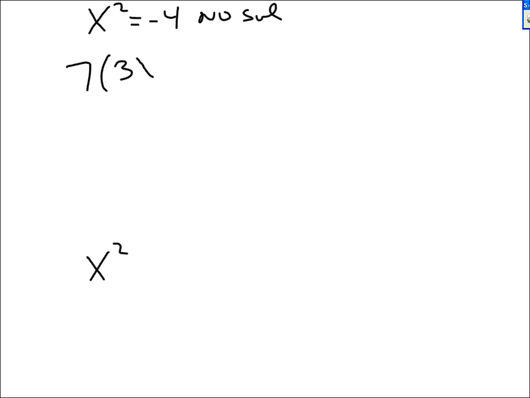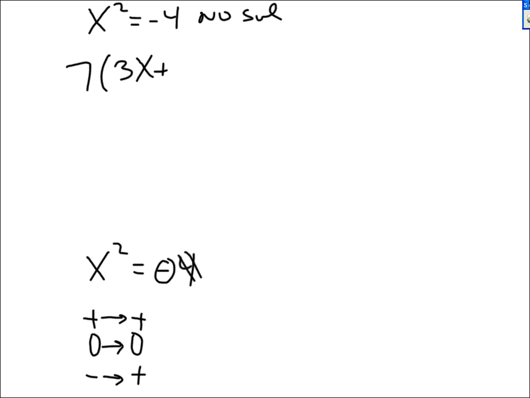Because if you square something, forget about the 4 for a moment, can you get a negative? x is either positive, negative, or 0. If you square a positive, you don't get negative. If you square 0, you don't get negative. If you square a negative, you don't get negative. So it has no solution.